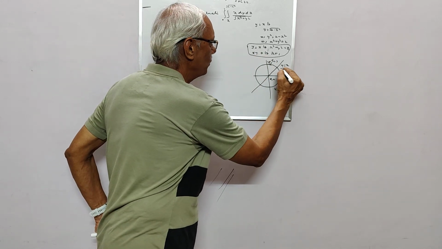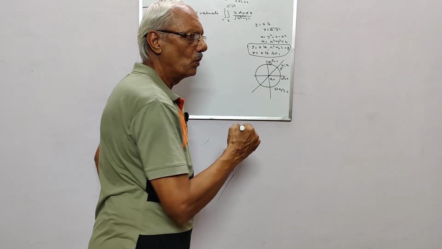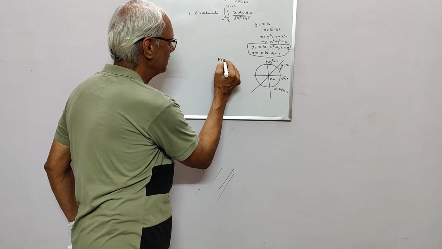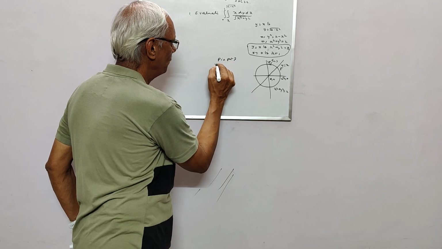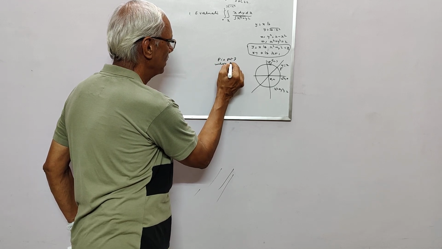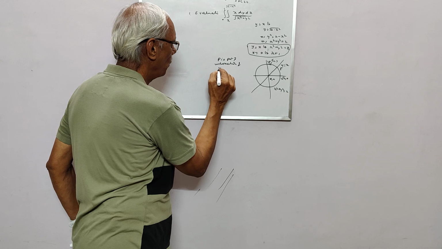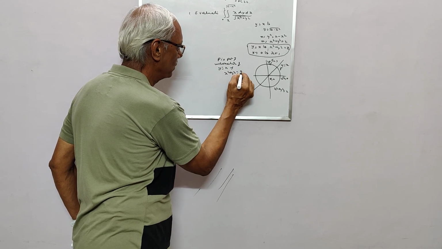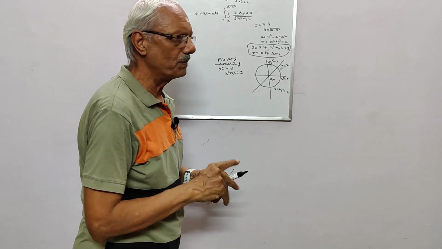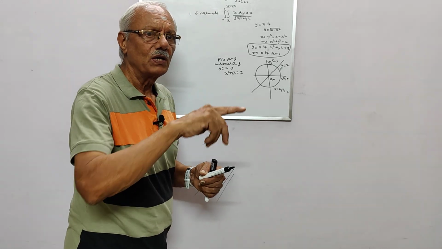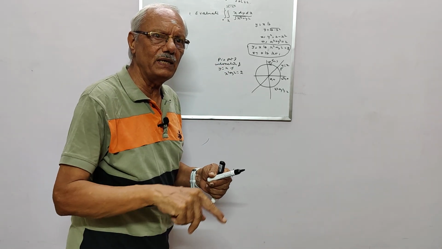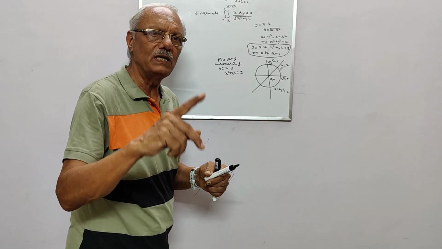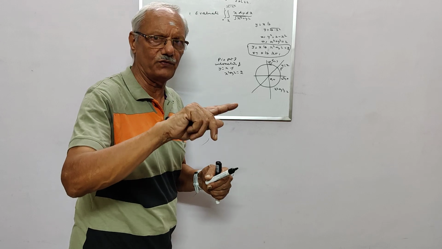Now let us find out what this P is. P is the point of intersection of y is equal to x and x squared plus y squared is equal to 2. If that particular point P is known, our domain is completely defined and we can go for the integration by changing the order of integration.